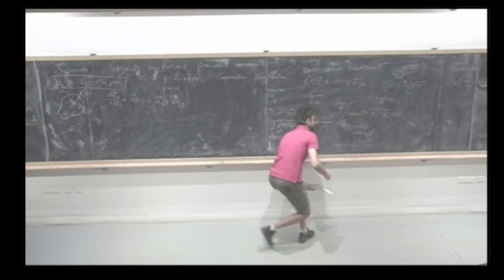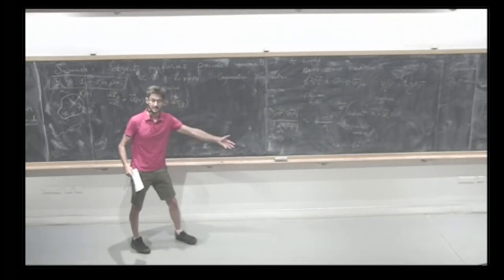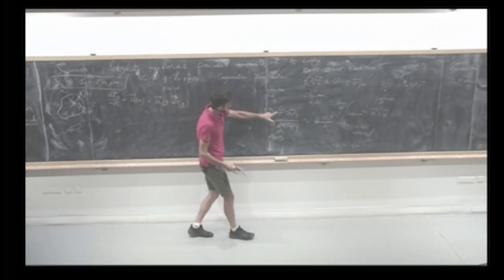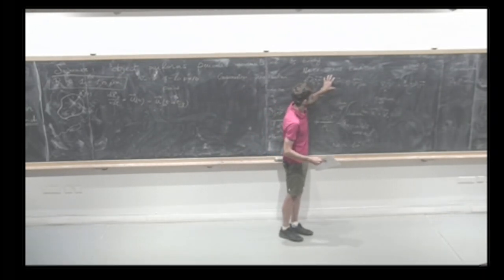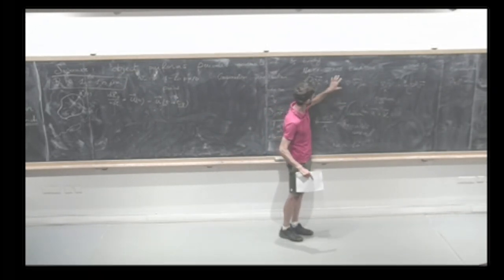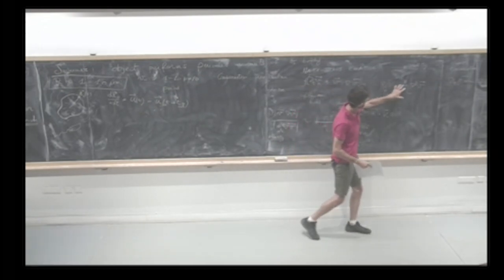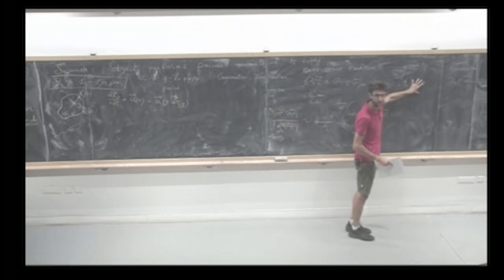Let's say 10 to the minus 5. So it's extremely tiny. It means that it's the other way around. This term is completely negligible. We can cross it out, and what dominates is just viscosity.